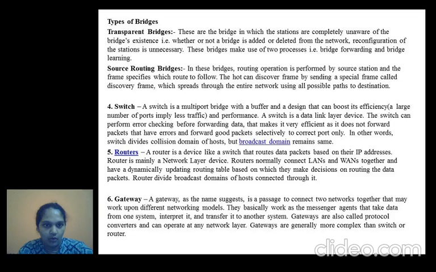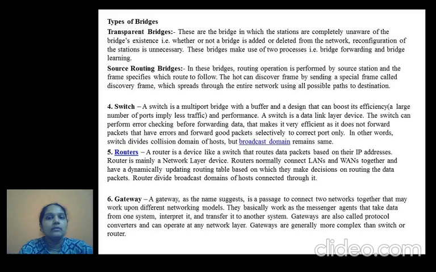Fifth device is the router. A router is a device like a switch that routes data packets based on the IP address. A bridge helps us read the MAC address, but a router helps us read the IP address. It is the same as a switch and bridge. The second thing, network devices.